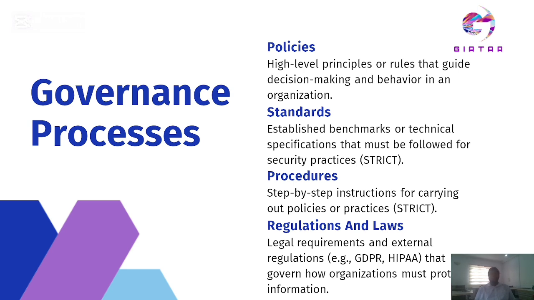And we have regulations and laws. These are the bodies that govern everything in that particular location and in your sector of the organization. If it's in the medical sector, we have things like HIPAA governing them to make sure data is protected and there is no loss of patients' and staff data in that organization. HIPAA is directed at people in the US, just as GDPR is directed at people in the EU.